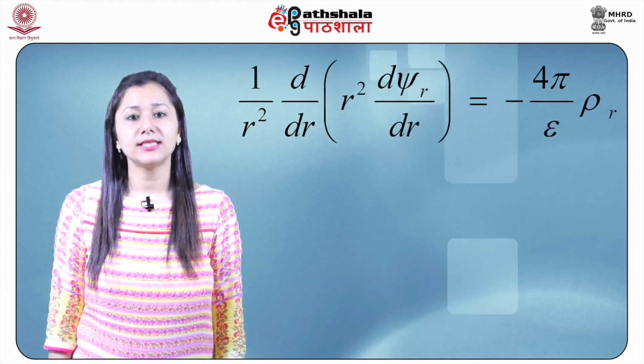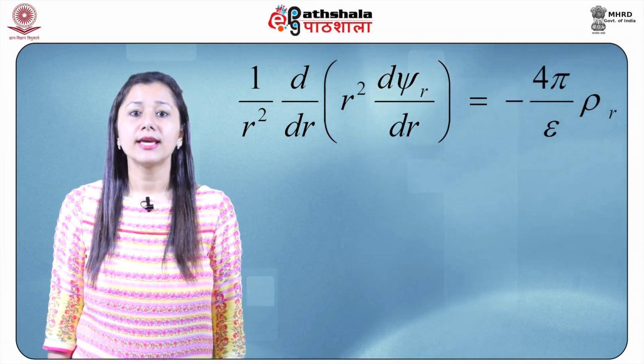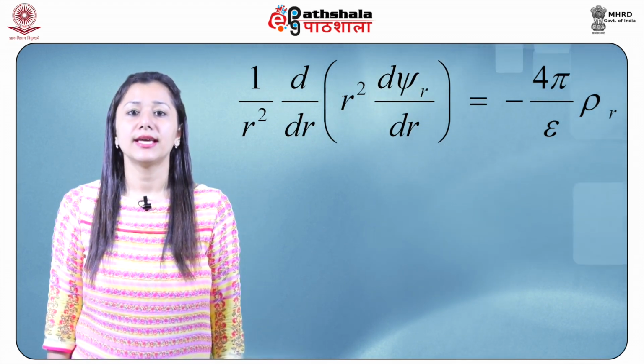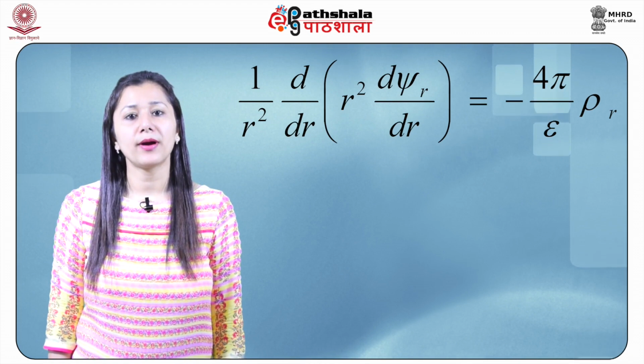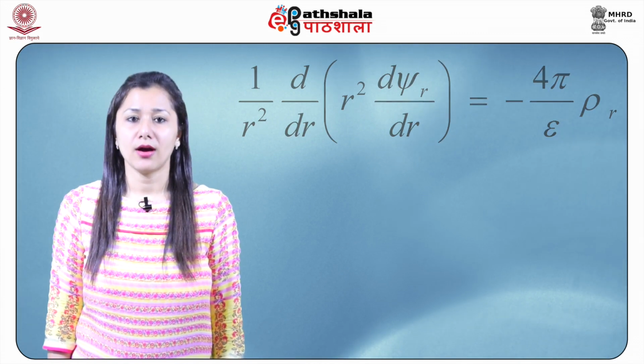Mathematically, the Poisson equation can be written as equation 1: 1 by r square d by dr of r square dψ(r) by dr is equal to minus 4π by ε ρ(r).